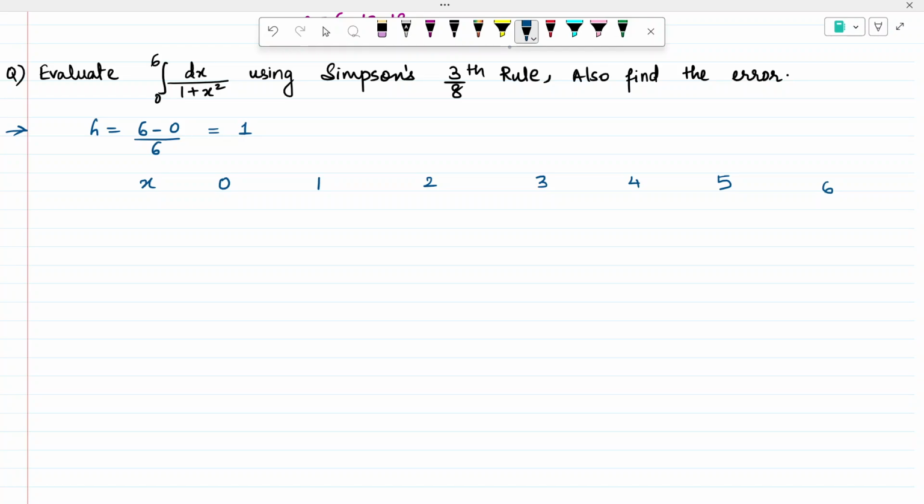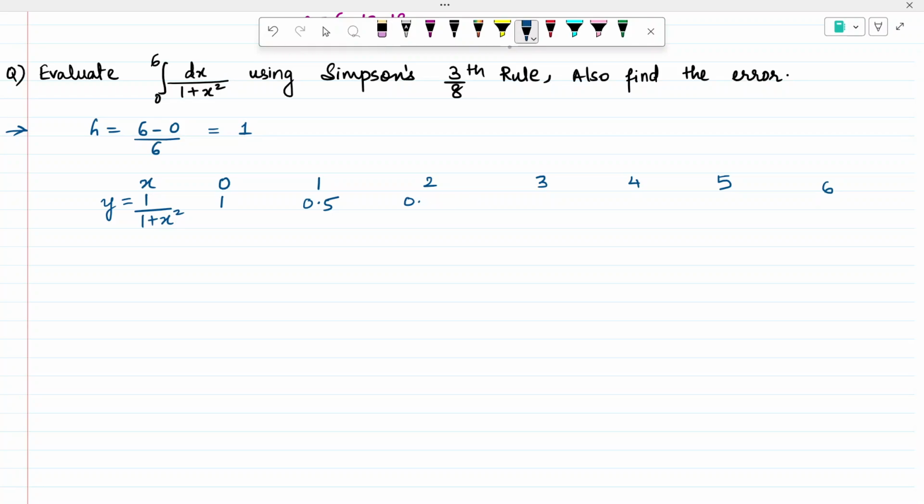My value of y would be equal to 1 upon 1 plus x square. So 1 upon 1 plus 0 will become 1. 1 upon 2 will be 0.5. 1 upon 3 will be 0.3333, 4 decimal places. Sorry, it's going to be 2 squared, right?